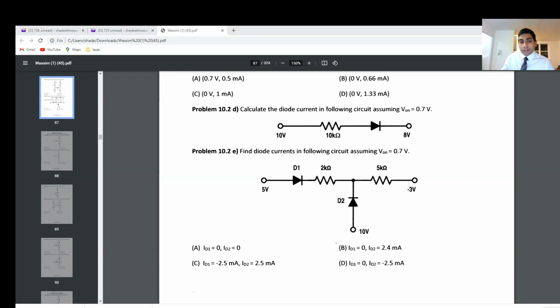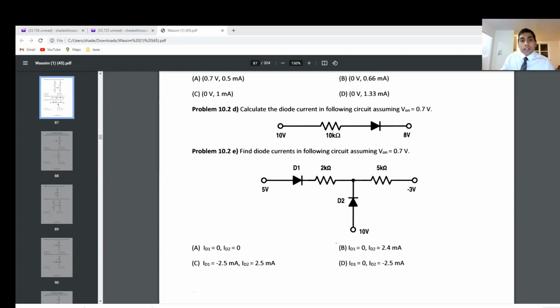And then 5 minus 0.7, and that is flowing through this 2K. So let me just show it over here. There are two junctions. If you're trying to figure out how much current is flowing through this one across the 2K, you have to subtract the potential at one end from the potential at the other end, and you divide it by the resistance and you get the current.